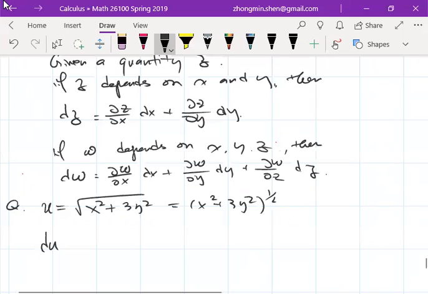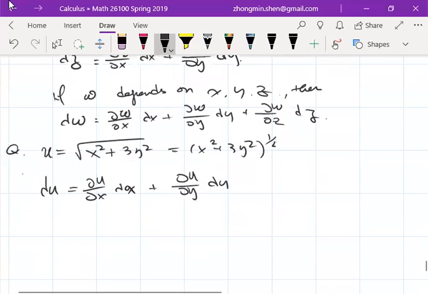But if you know u depends on x and y, then I can write the dependency for du: partial derivative with respect to x, dx, plus partial derivative with respect to y, dy.